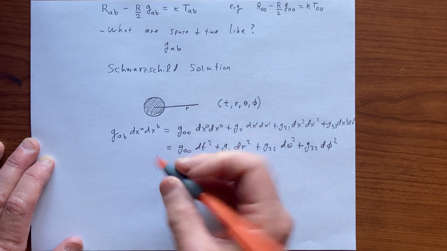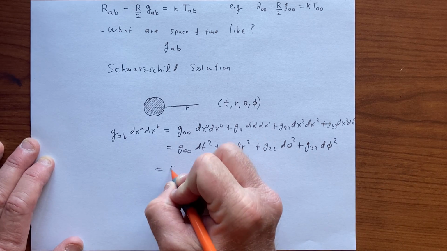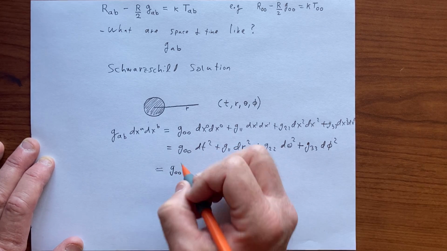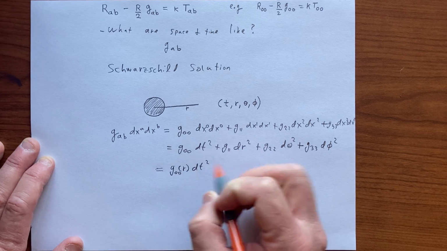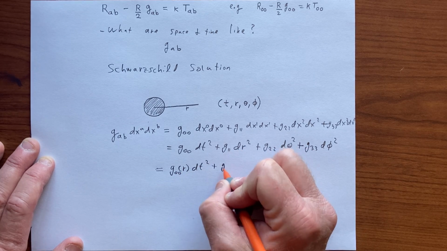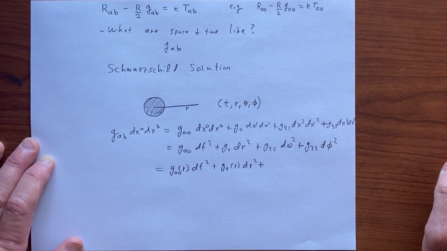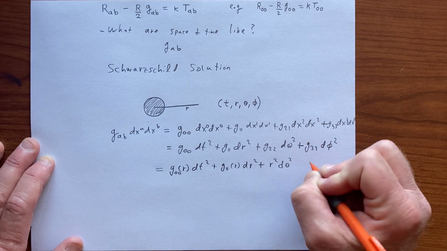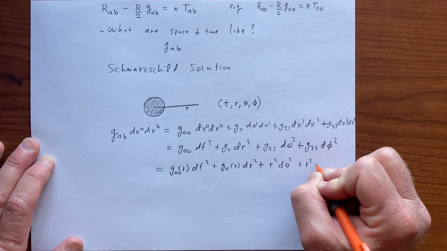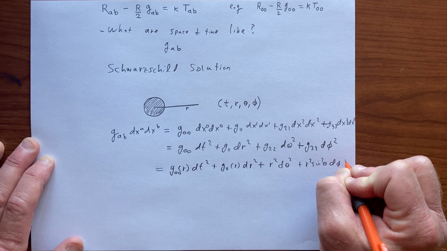We know some of these. g_00, we don't know what that is, but it should be a function of r, times dt squared, so we have to solve for that. Plus g_11, which should also be a function of r, we want to solve for that. Plus g_22, which should just be r squared d theta squared, plus r squared sine squared theta d phi squared.